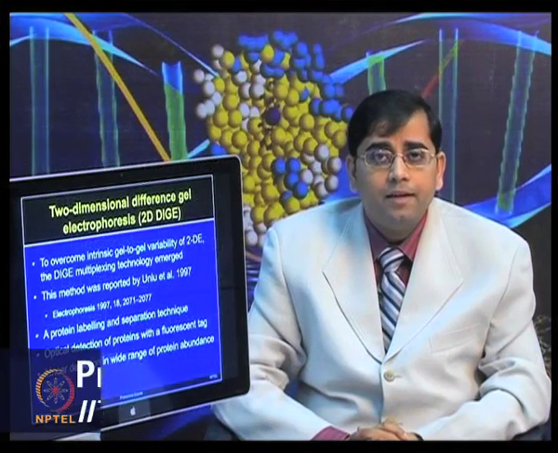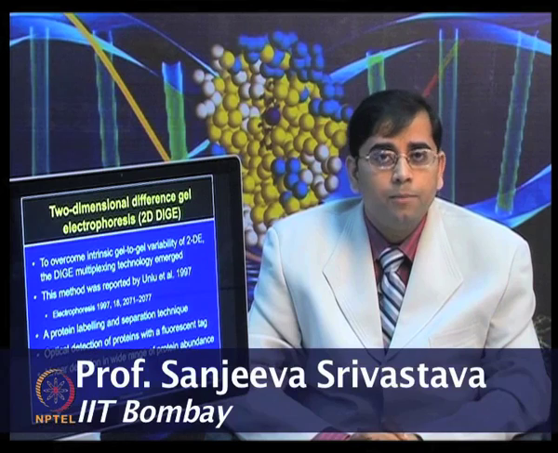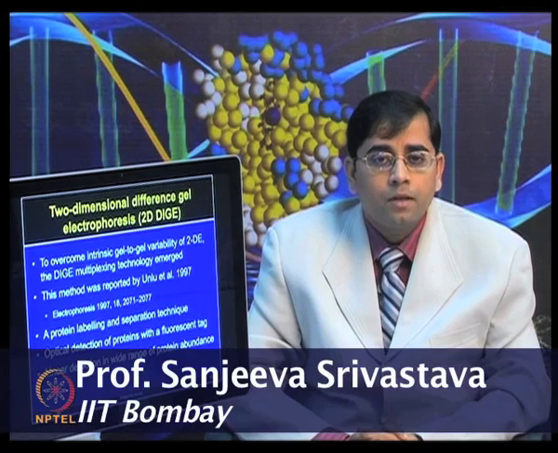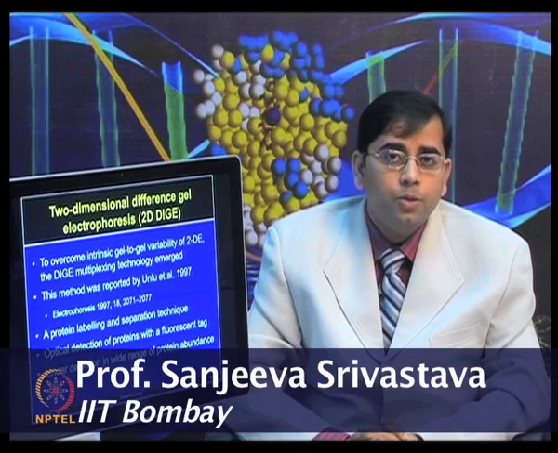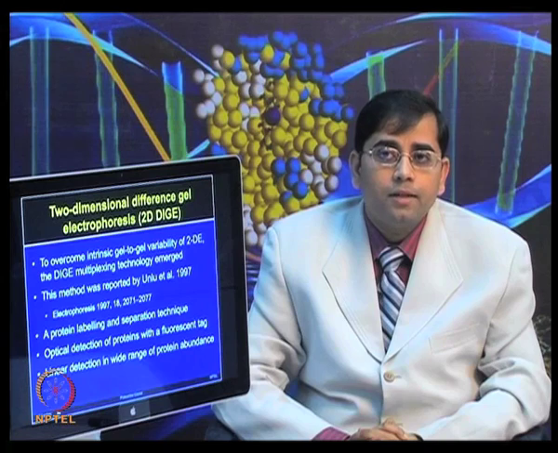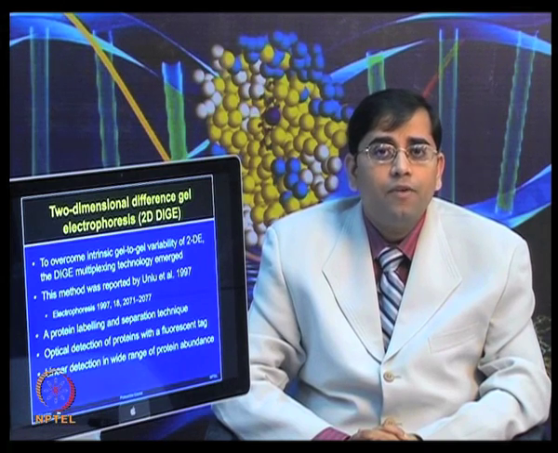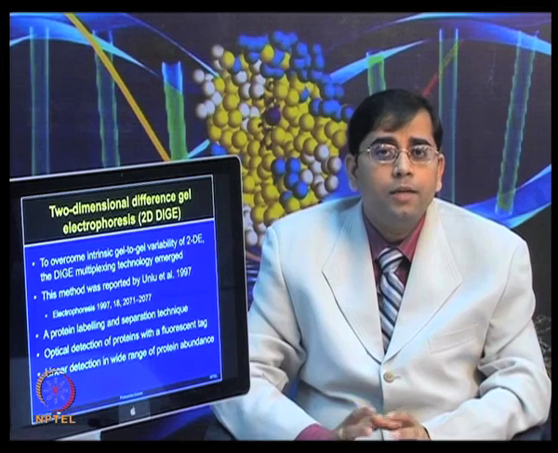So, the DIGE method involves protein labeling and separation techniques. The optical detection of the proteins is done by using fluorescent tags, and this method performs linear detection in a wide range of protein abundance.